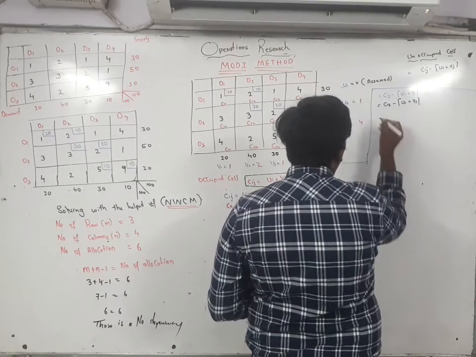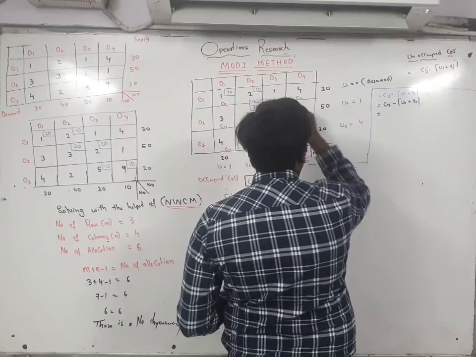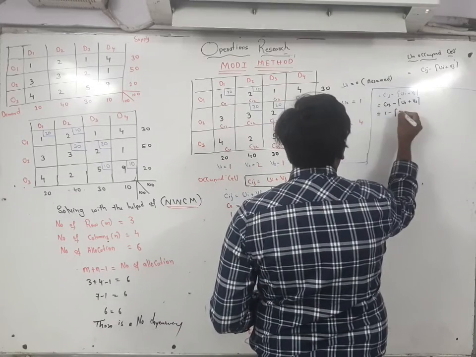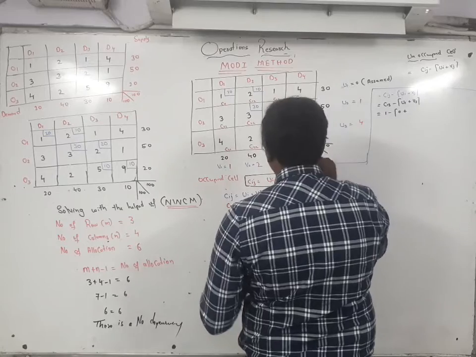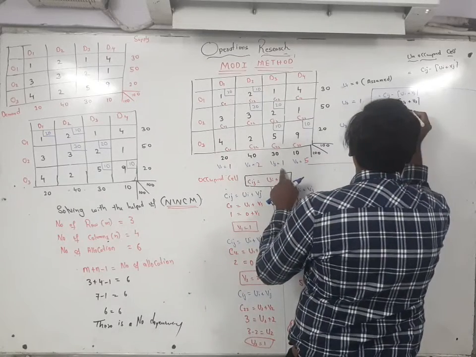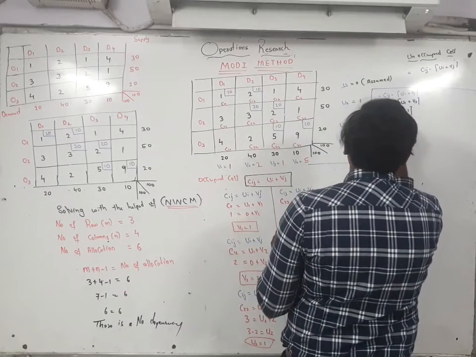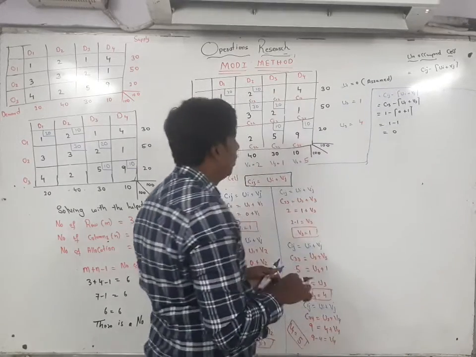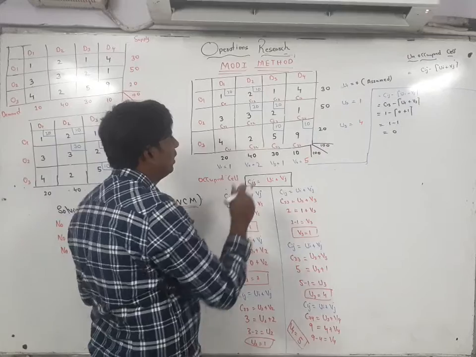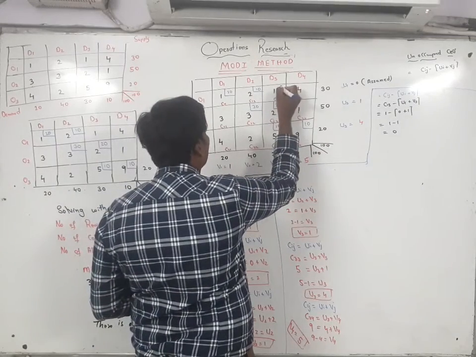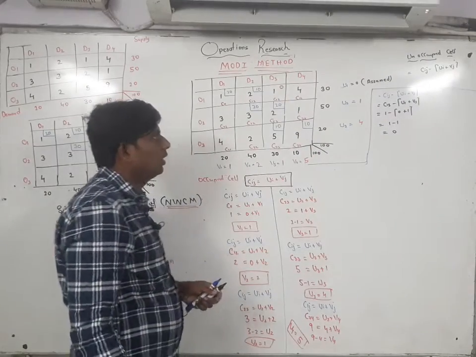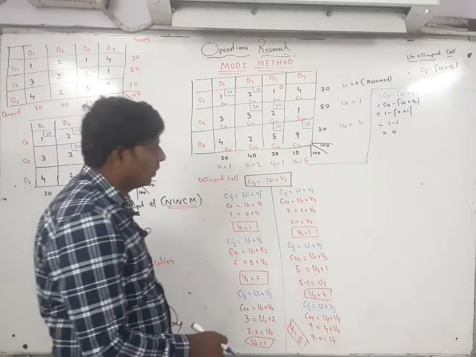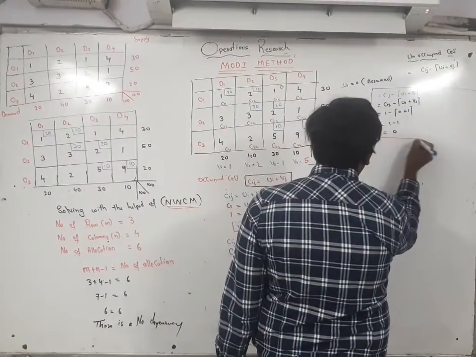Here the C13 value is 1, minus the u1 value, which is 0, minus the V3 value, which is 1. So 1 minus 1, the answer is 0. So you can write 0 for the unoccupied cell. This is the first one.